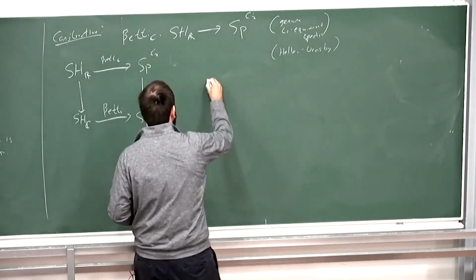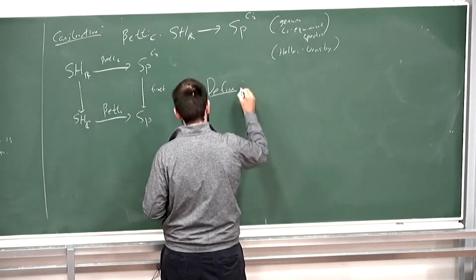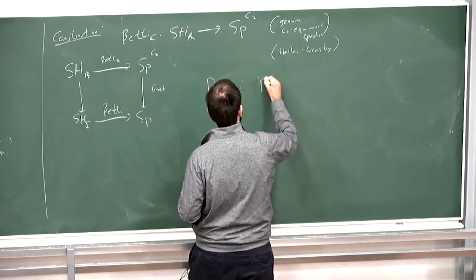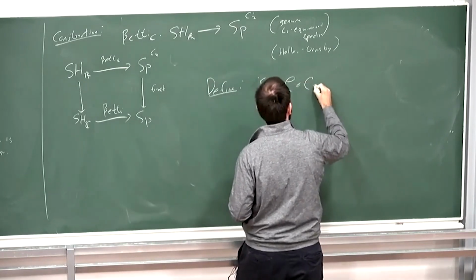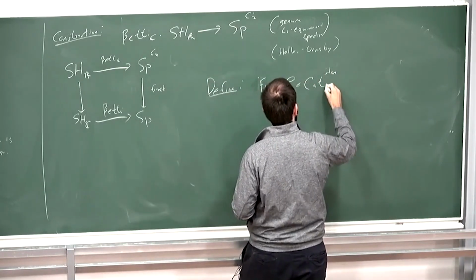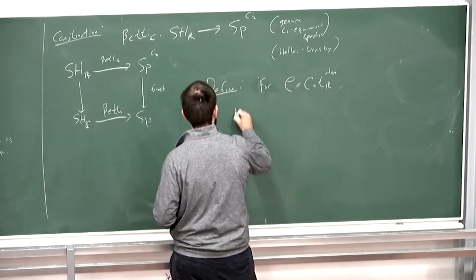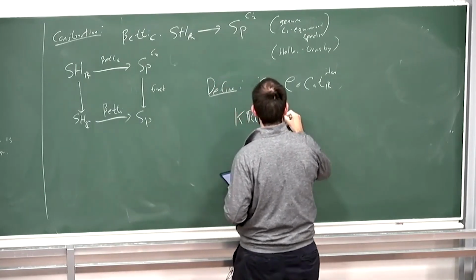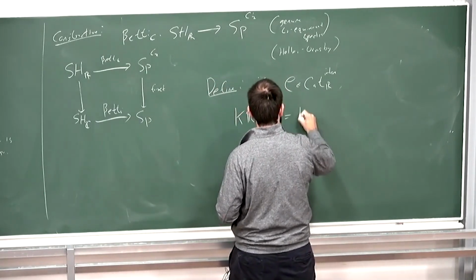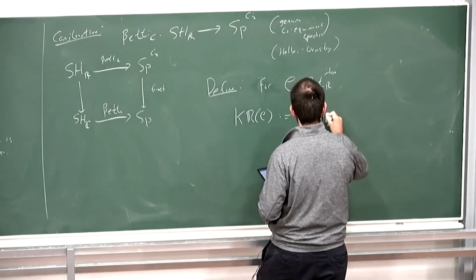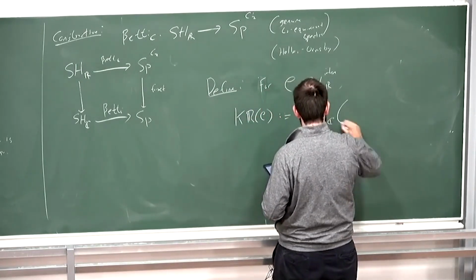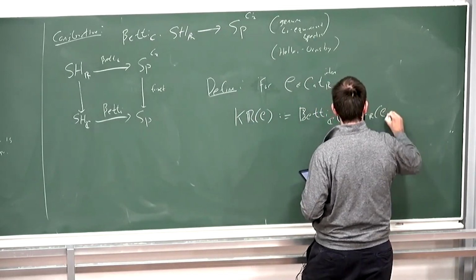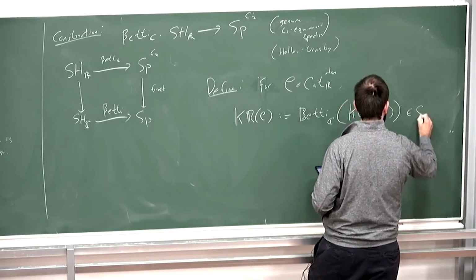So we can define very simply, for C in Cat_R, we can define KR of C as the Betti realization of the complex over KGL of C, and this is a C2 spectrum.